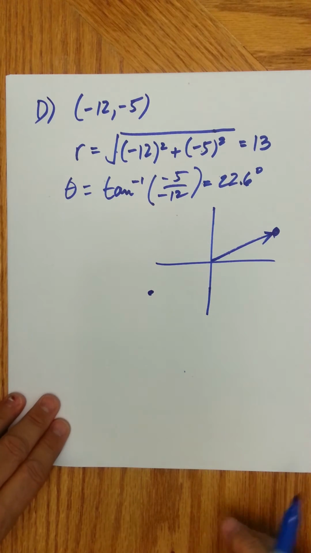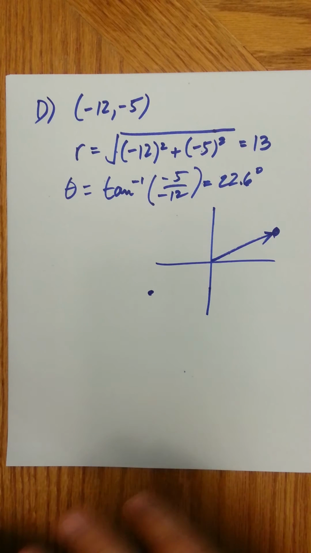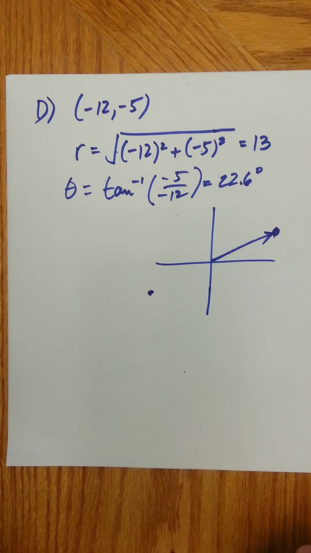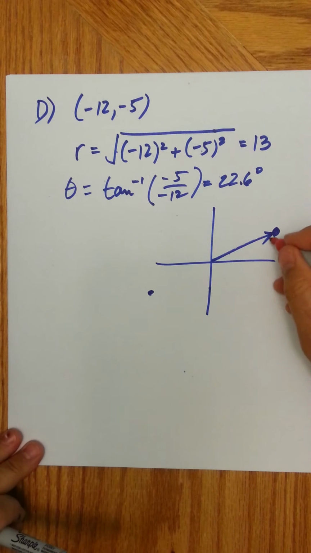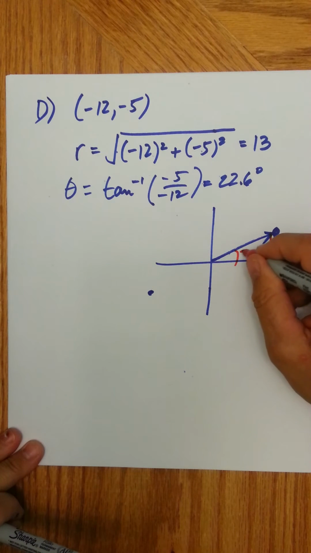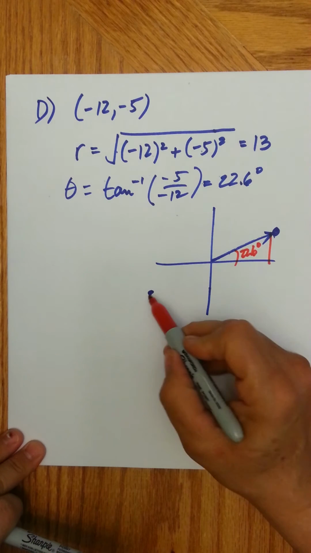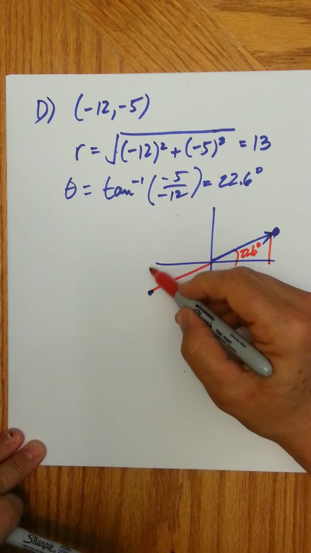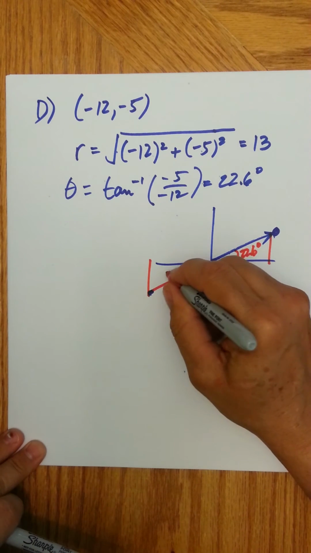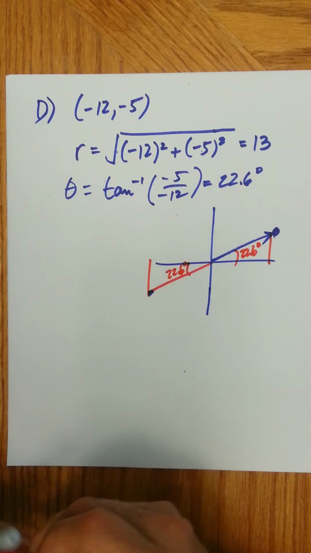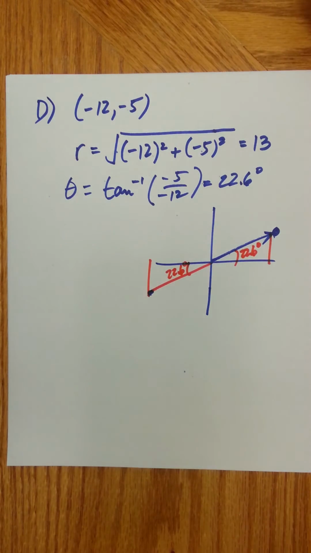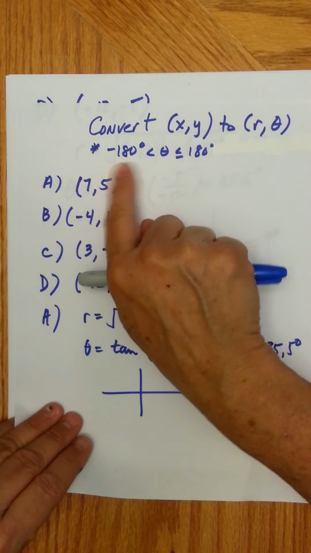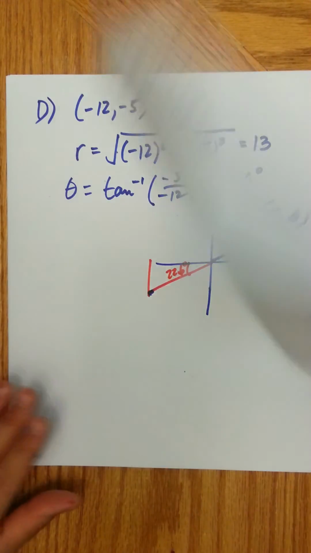So what has to happen? I have to compensate again, right? So let me get a different color. So what we see is the reference angle here is 22.6 degrees, but that means that this is also 22.6 degrees. And what I want to do is provide an angle somewhere between negative 180 and positive 180.